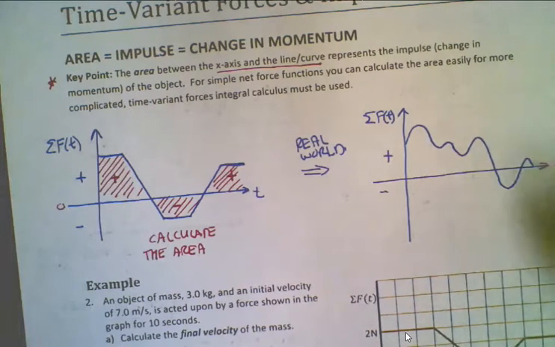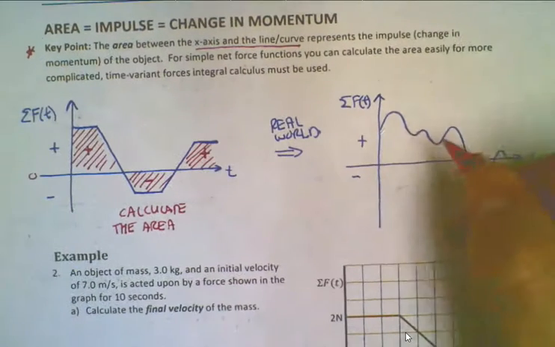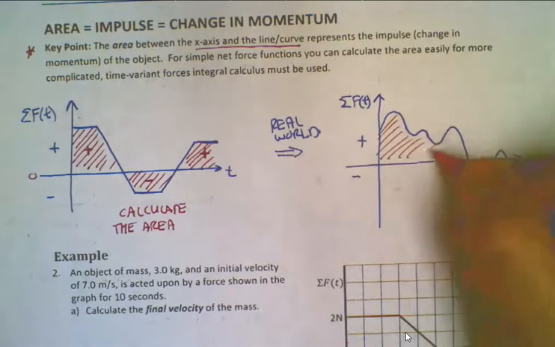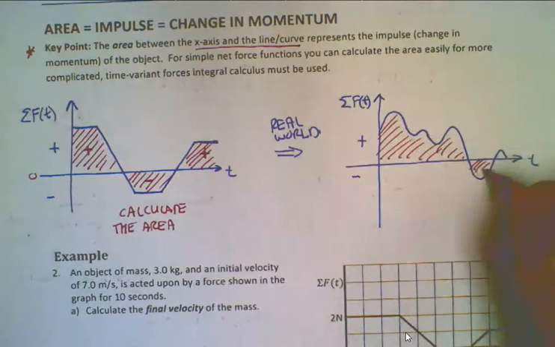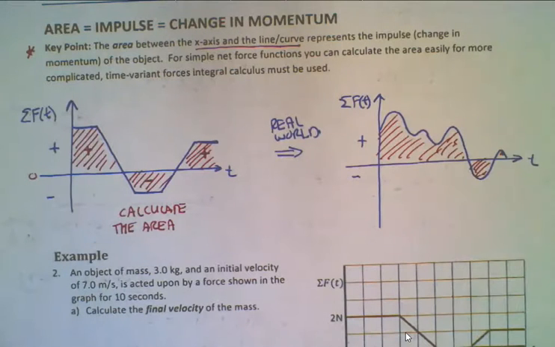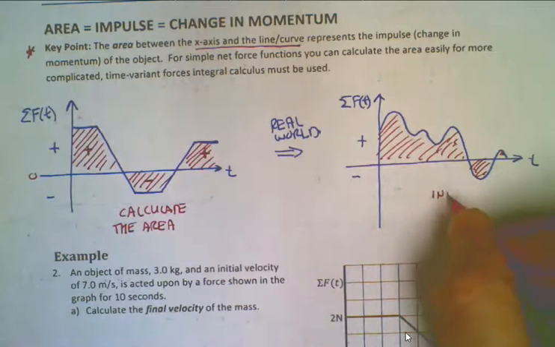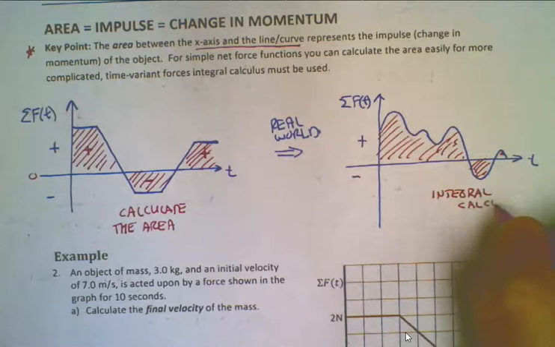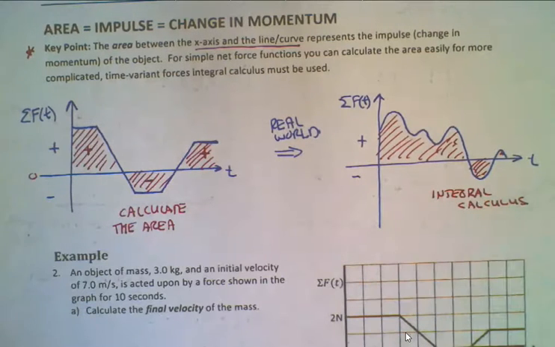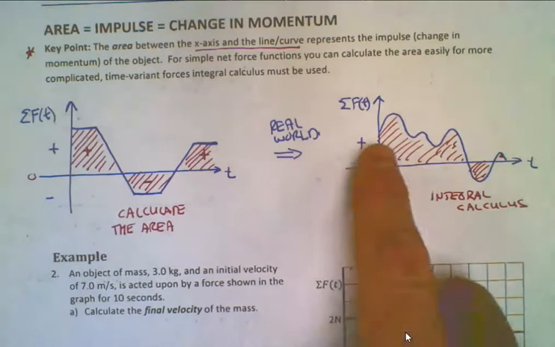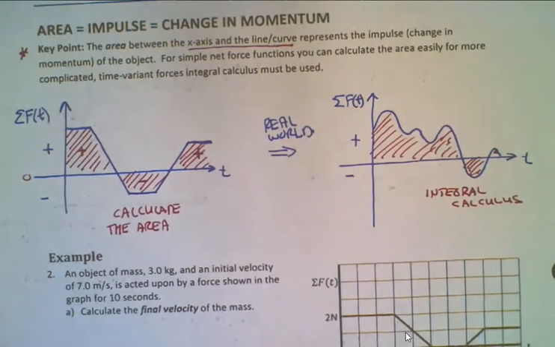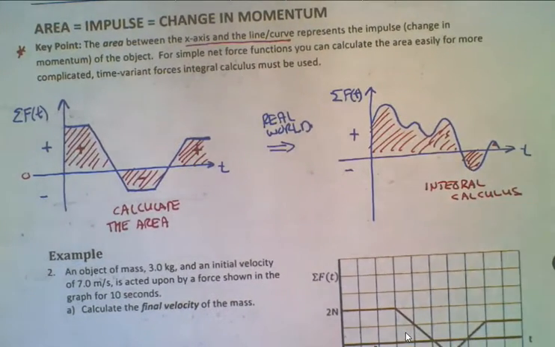And in that case, finding this area right here and adding it up and finding that area is actually a lot more complicated. So in this case, what we're going to use is something called integral calculus, and it gives us a mathematical tool to be able to evaluate the area under that smooth curve of a time variant force that's not behaving the way we'd like it to.